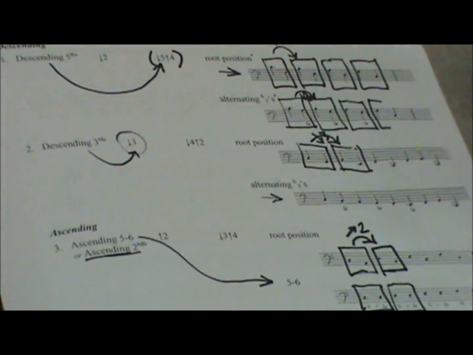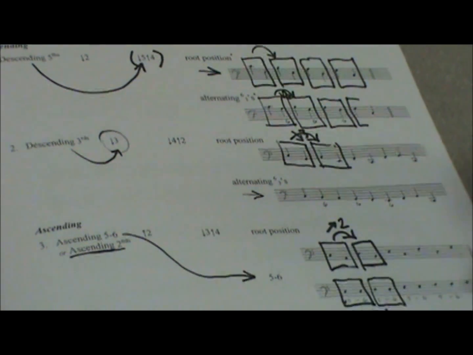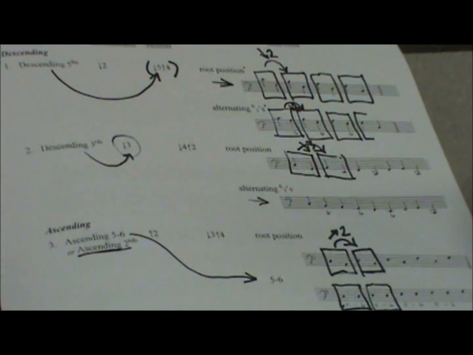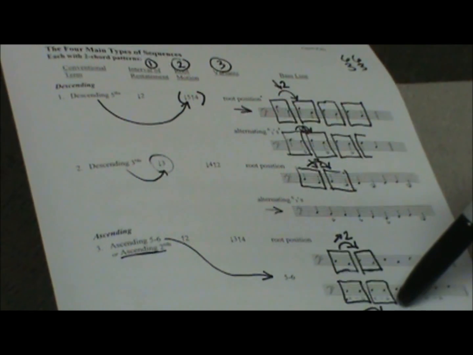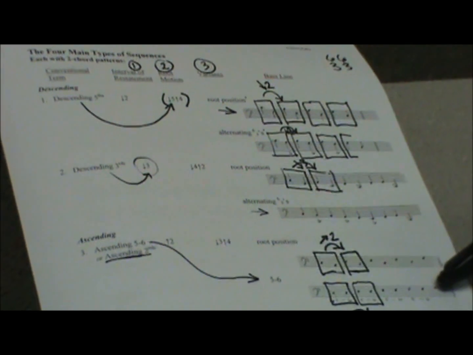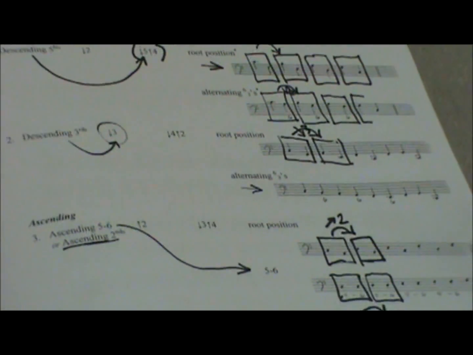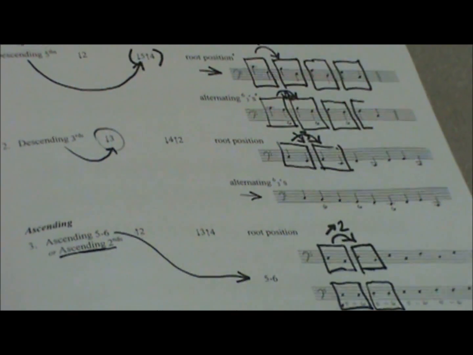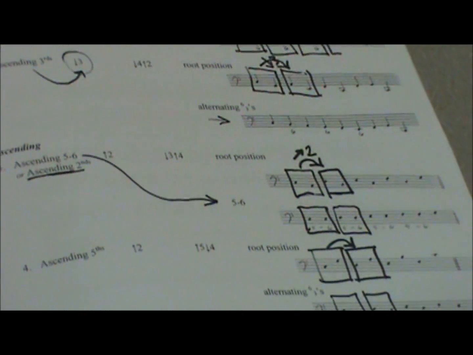Okay, so we'll go ahead and use that instead of 6/3, just to connect with those folks. Okay, so this is the bass line that goes only by step. These others all have at least a leap in there somewhere.